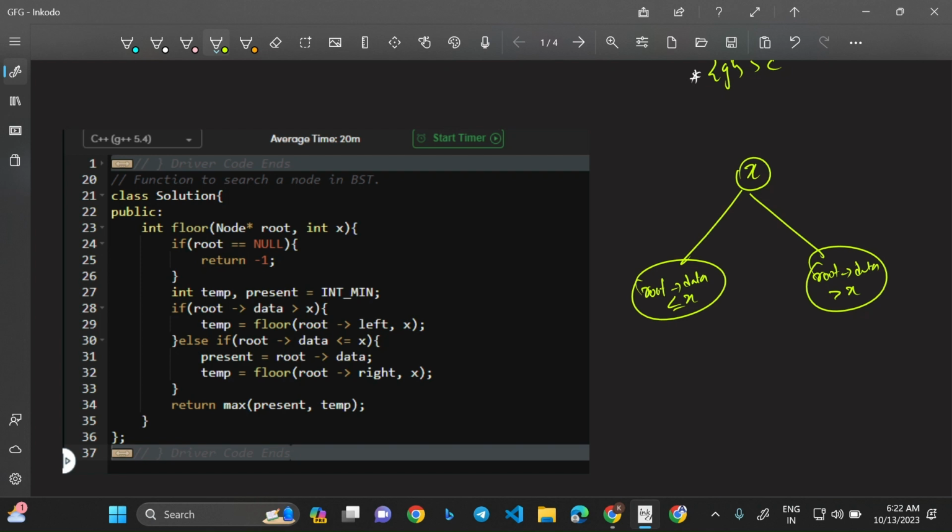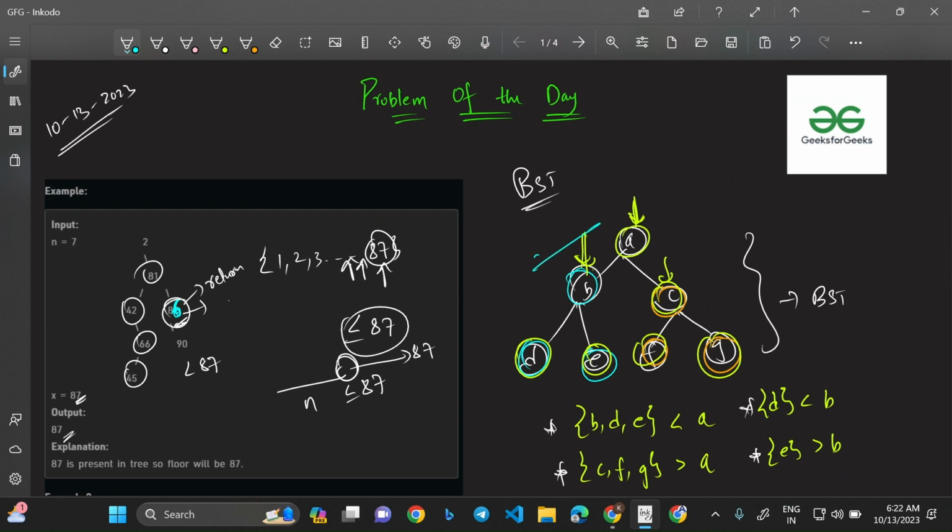If its data is greater than X, then our primary intuition is to go to the left side, go to the left of root. Why is it so? Because in a binary search tree, all the values to the left of A would be less than A, and all the values to the right of A would be greater than A. That is the condition of a BST.